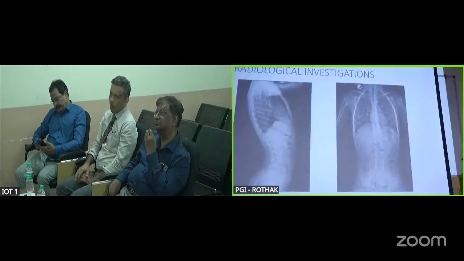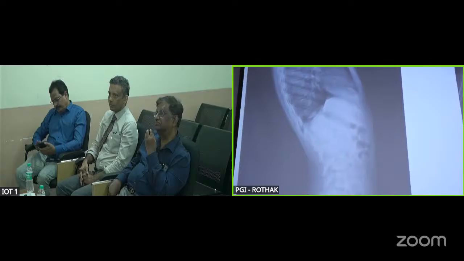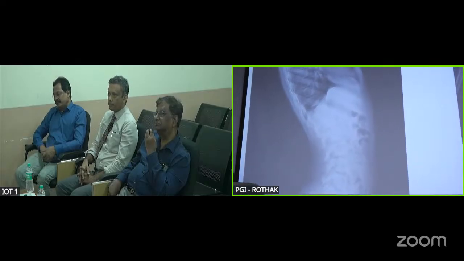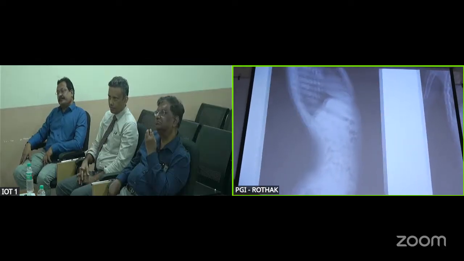Zoom in on the lateral. Is he having scoliosis? Have you examined for scoliosis? Demonstrate the Adam test.